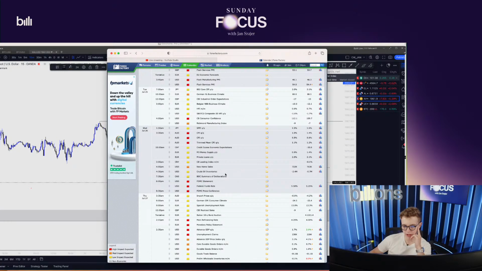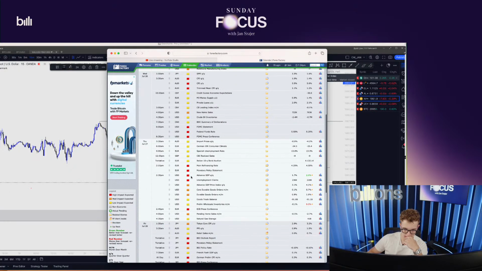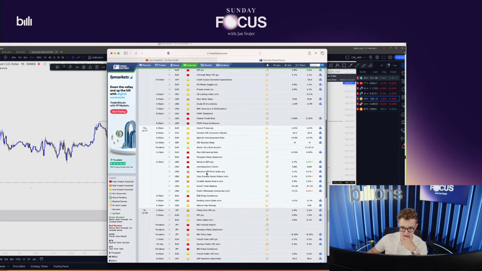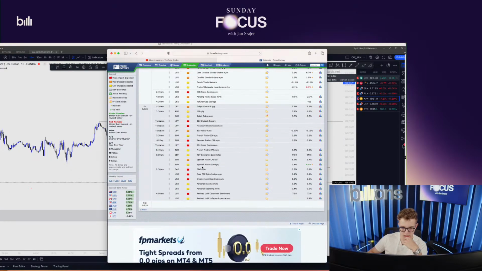There will be huge volatility around 8 p.m. UTC+2, which means 6 p.m. UTC Wednesday, and 12:30 Thursday UTC time, unemployment claims. And Friday there's also plenty of it.